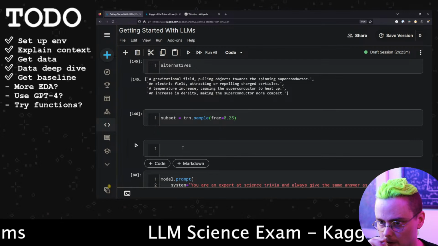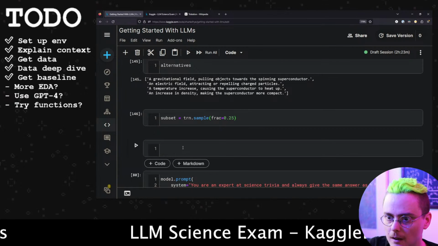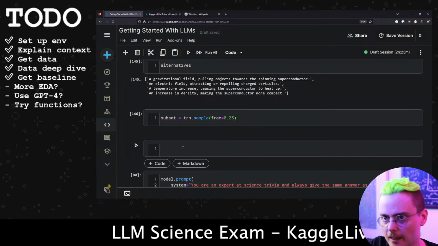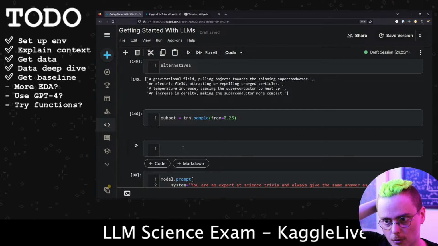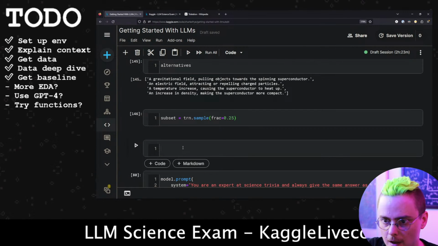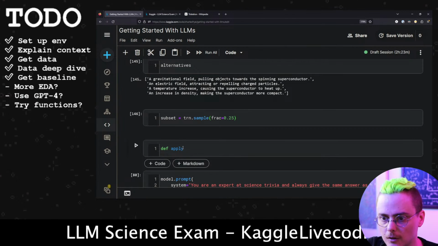So what do I want here? We're going to want to add these alternatives to this data frame.